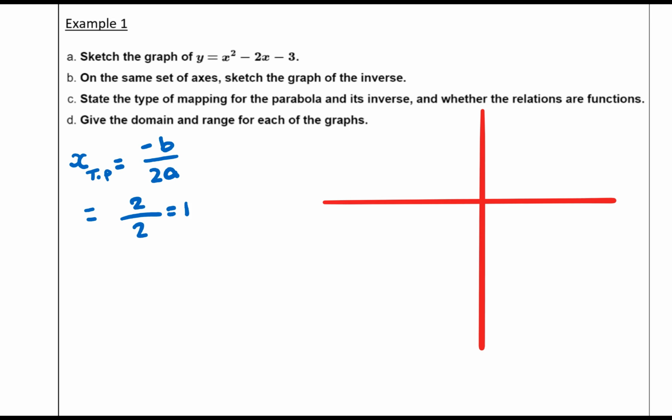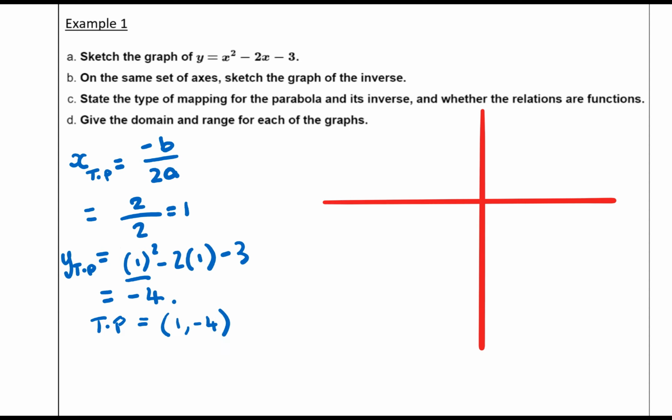Now in order to find the y component of the turning point, all I have to do is sub in that 1 for x. So I've got 1 squared minus 2 times 1 minus 3. And that works out to be 1, take away 2, take away 3, so it's negative 4. The turning point is equal to 1, negative 4.